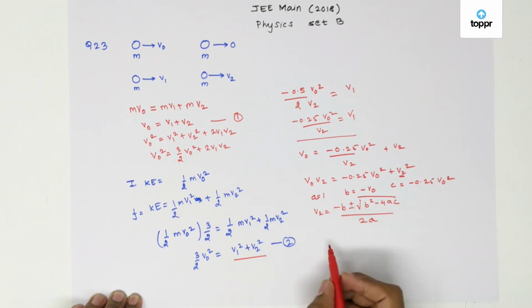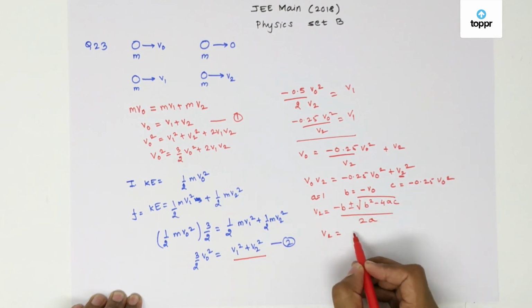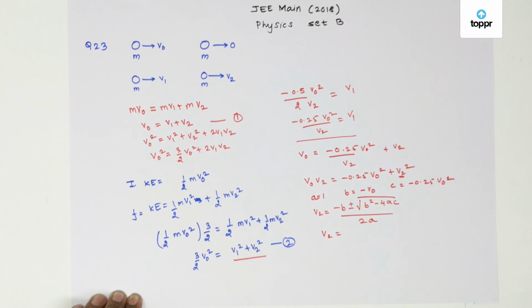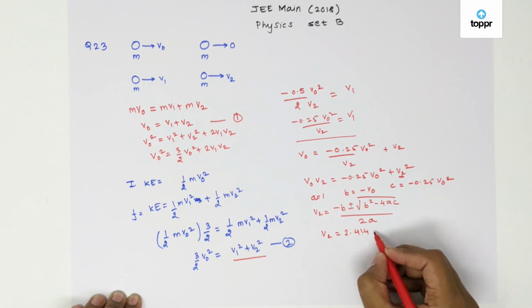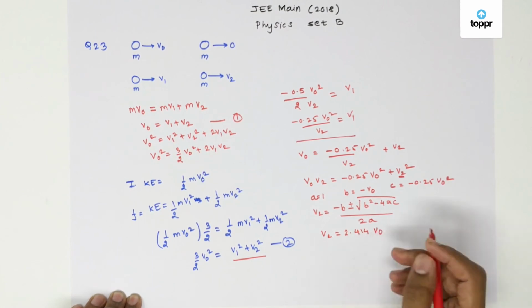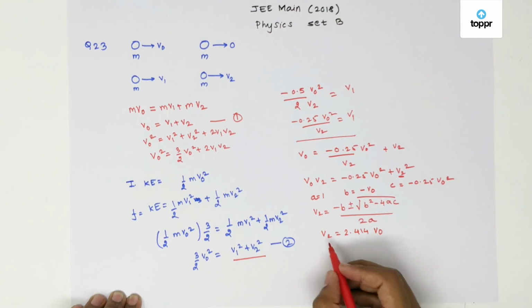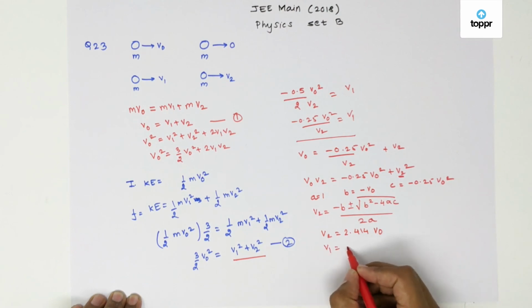If you put and solve it, you'll get v2 is equal to 2.414 v0. And if you put this in this equation and solve, you will get v1 is equal to minus v0.